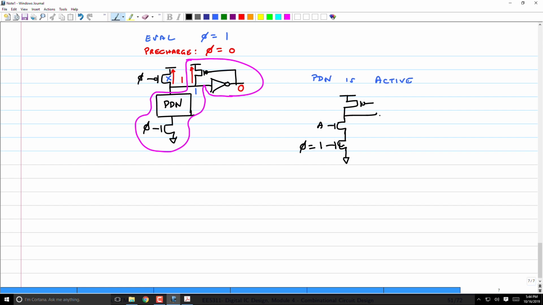This output is going through a static, high skew inverter and driving this. So let us say that this input A went from 0 to 1. When it is 0, my output Y1 was driven high through this PMOS, through the keeper. This is called a keeper device.